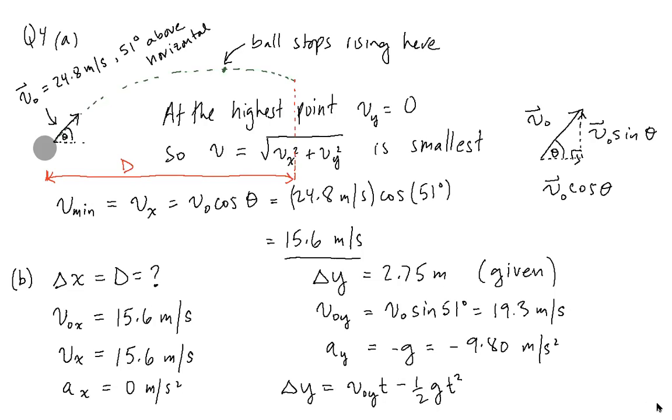So let's do that. I'm going to move over to the next page. I'll just repeat the equation I had. Delta y is equal to v0y t minus 1/2 gt squared. And so we're going to use the quadratic formula, so let's write this in a quadratic looking form.